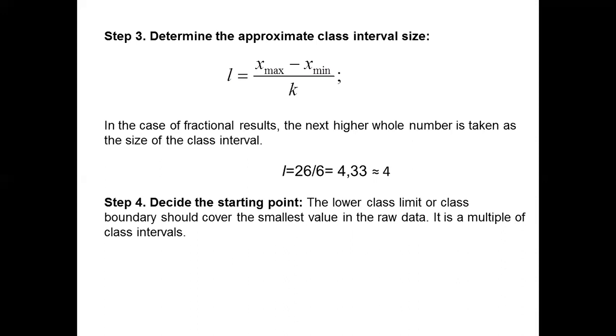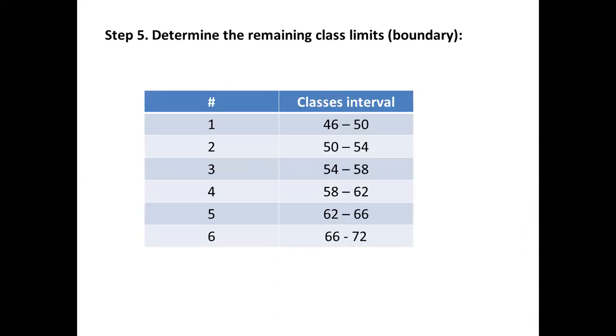Step number 4, decide the starting point. The lower class limit or class boundary should cover the smallest value in the raw data. It is a multiple of the class interval. Step number 5, determine the remaining class limits.